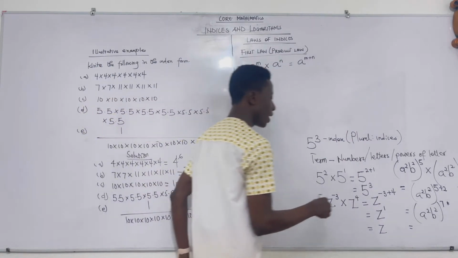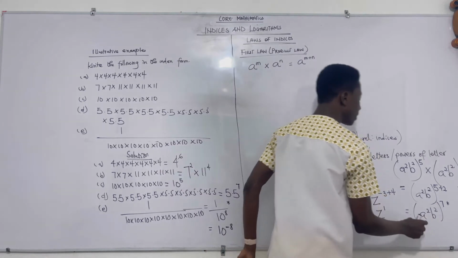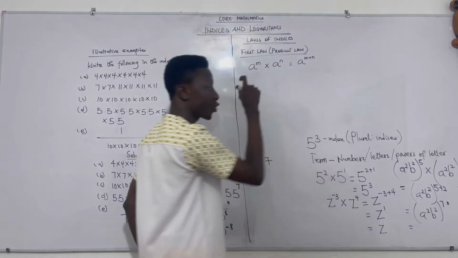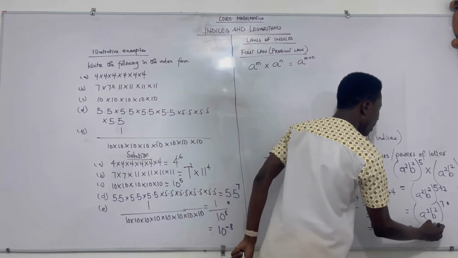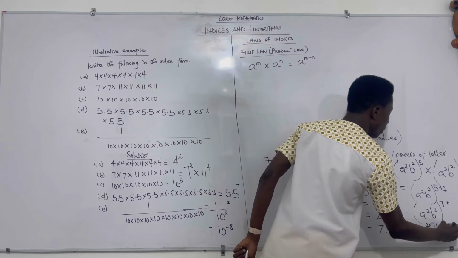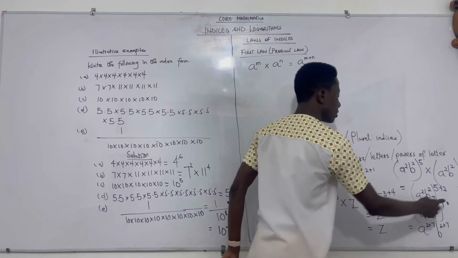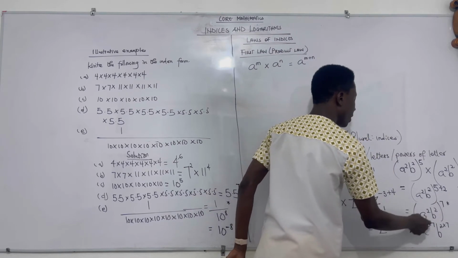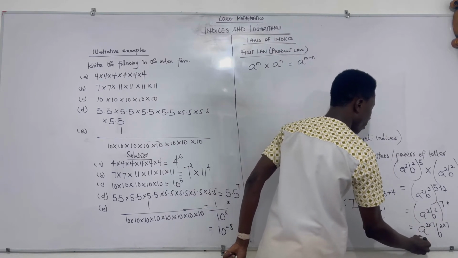So going forward, realize that at a point like this, law 3, you have a squared multiplying 7, and then b squared multiplying that 7 outside. The 7 should affect each thing inside the bracket.